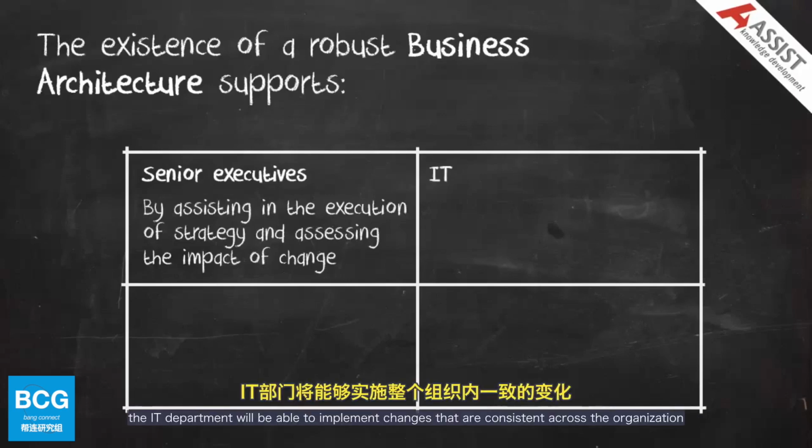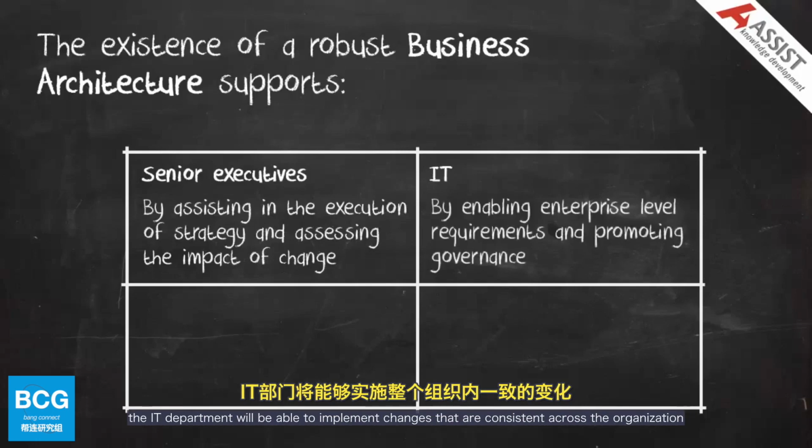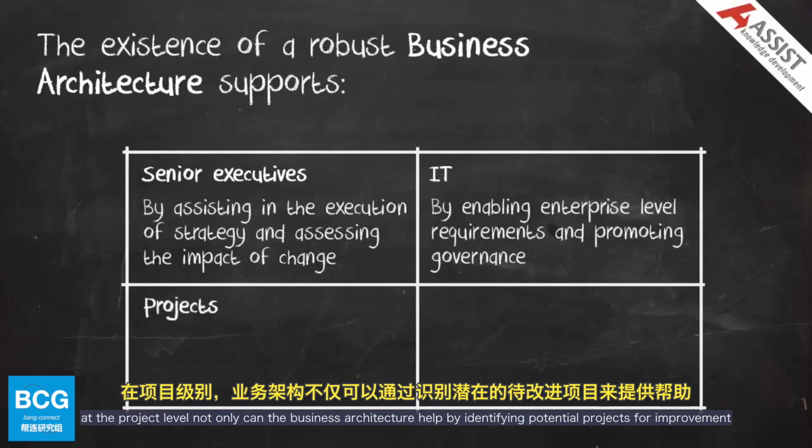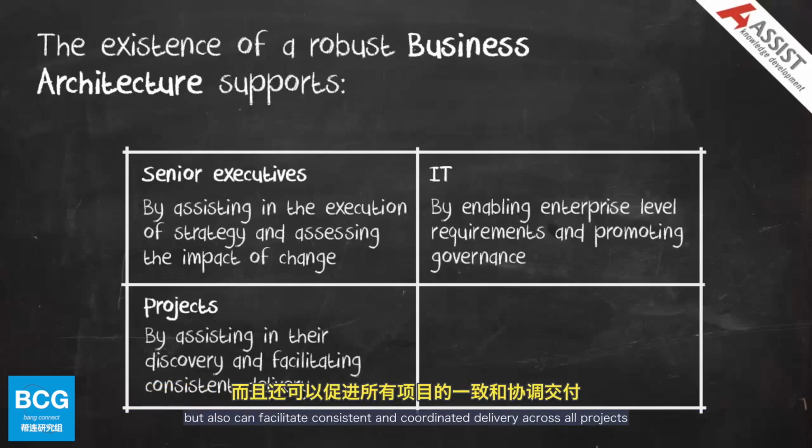The IT department will be able to implement changes that are consistent across the organization, identify high-level business requirements, and promote governance and best practice. At the project level, not only can the business architecture help by identifying potential projects for improvement, but also can facilitate consistent and coordinated delivery across all projects.